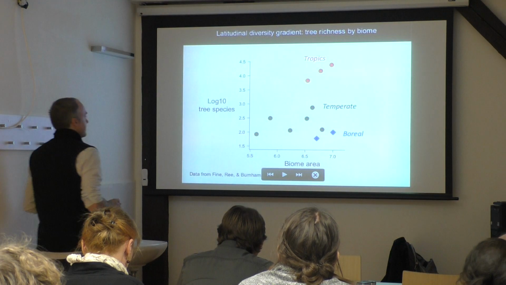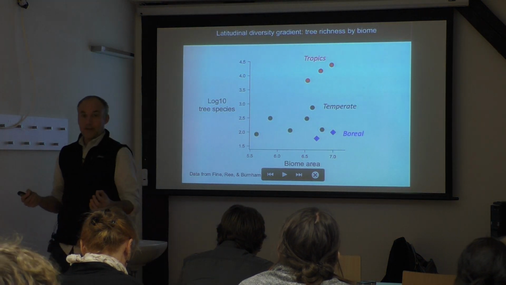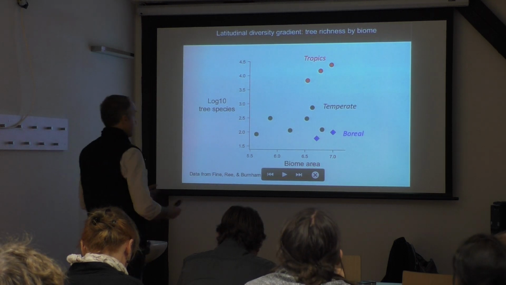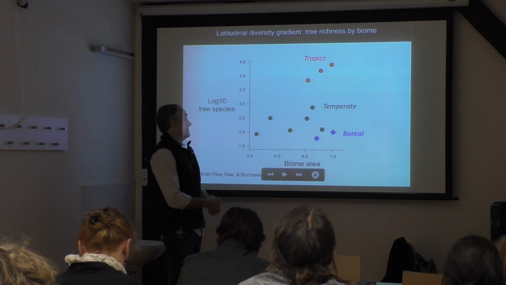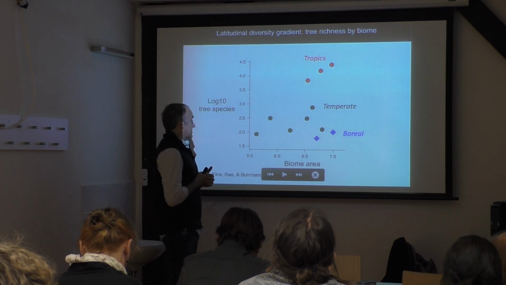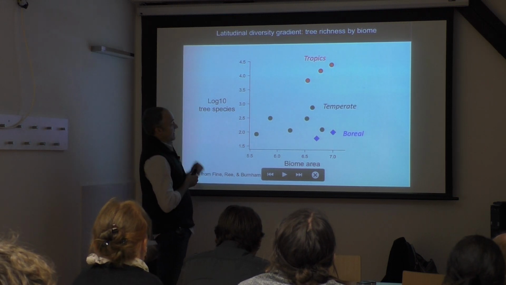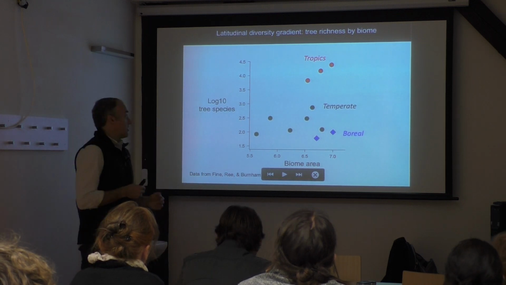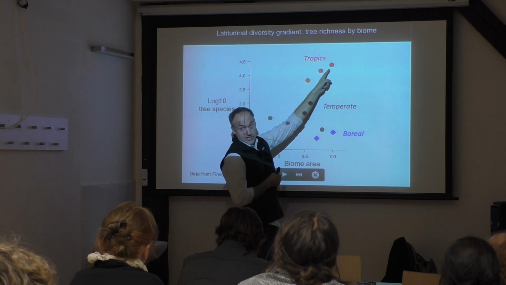Now, this is another illustration of the latitudinal diversity gradient, the variation in species richness as we go from high latitudes, like the temperate or boreal zone, to tropical regions. These are the numbers of tree species on a log 10 scale for 11 major biomes. We have 3 tropical biomes: the Afrotropics, the Asian tropics, and the Neotropics.